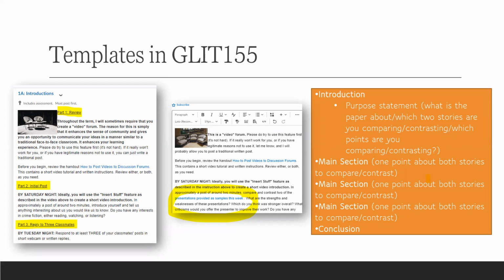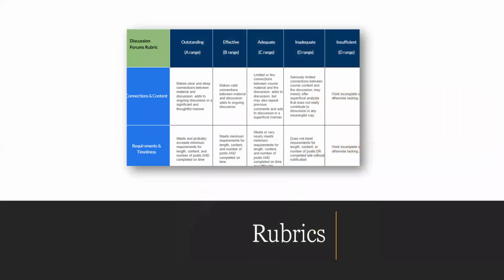Other assignments, like the right-hand image on the screen, will feature an outline of sorts to follow, or you could even call it a template, and it helps you create the draft of your document. For most assignments, the guidelines will feature a rubric link, and the rubric can help you self-edit your work before submission. It also helps you understand expectations for the assignment.